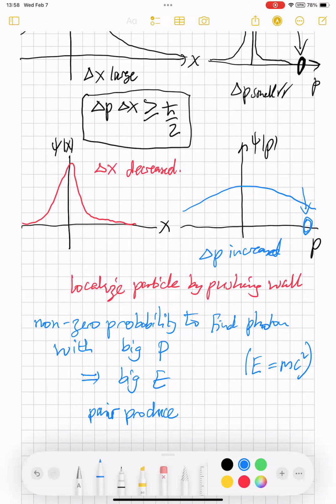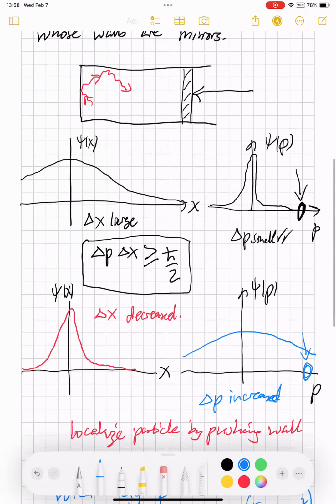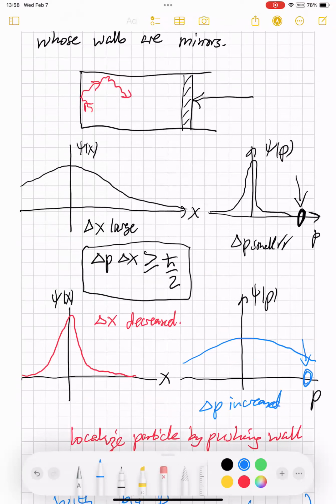So basically, when you try to localize your particle to measure its position, you give the particle more and more energy. There's no way that that cannot happen because that is dictated by the uncertainty principle. By decreasing delta x, you have to increase delta p. And there'll be some components of the wave function that have such a large energy that you'll get pair production.